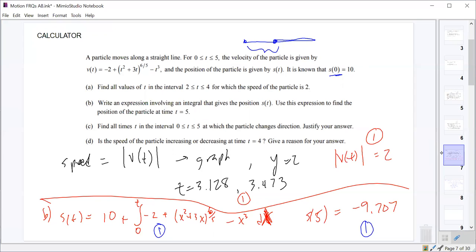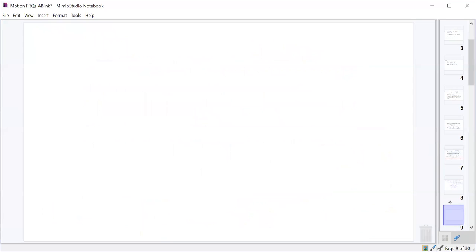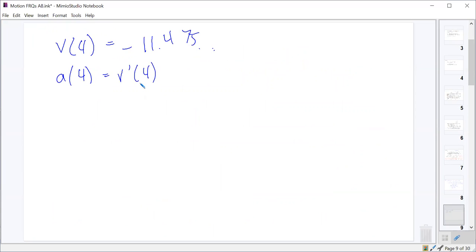at t equals 4? And so to find out if the speed is increasing or decreasing, once again, we have to look at the sign of the velocity and the sign of the acceleration. So v of 4 came out to be negative 11.475 something. And a of 4, which is v prime of 4, since you have the function v, you'll just use your calculator to evaluate the derivative of v at 4.